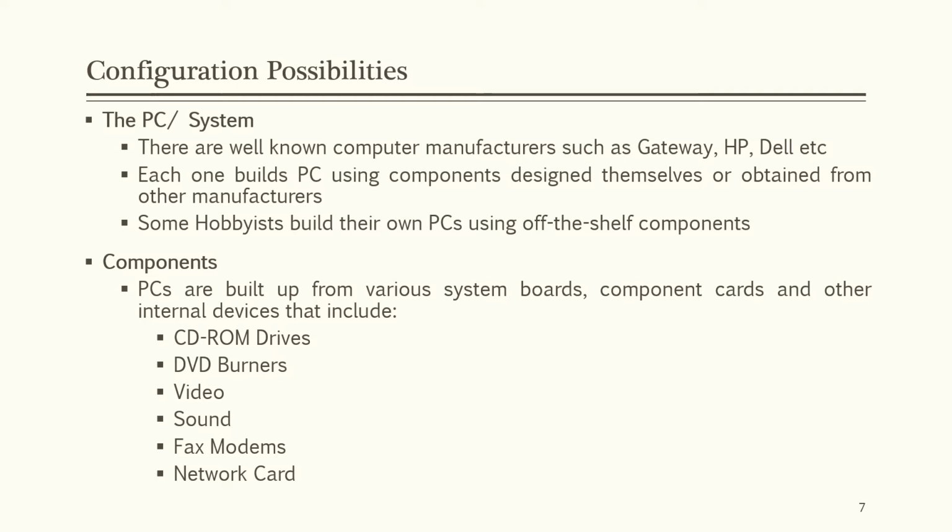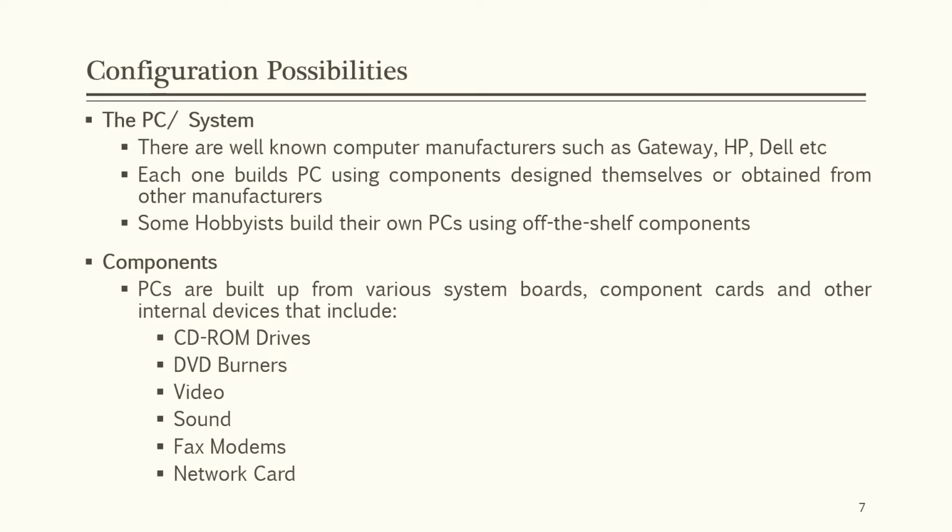Like in an HP laptop, some components used are made by HP while other components are provided by different brands. Some hobbyists build their own PCs using off-the-shelf components. You can also order custom-made PCs in which you can demand components like processor, RAM, memory, network and graphics card according to your own need.